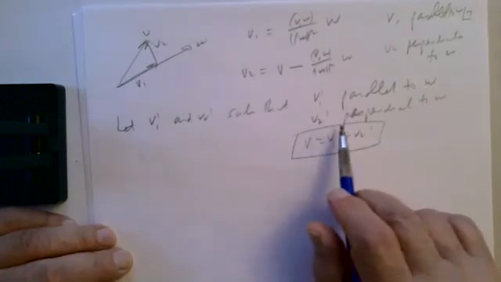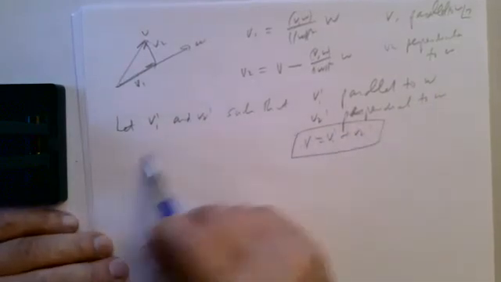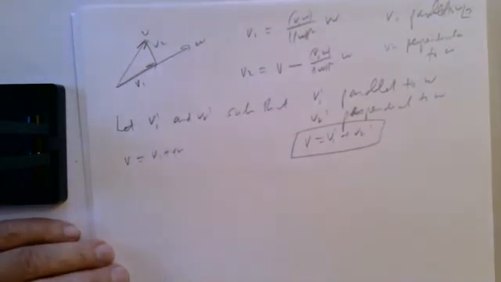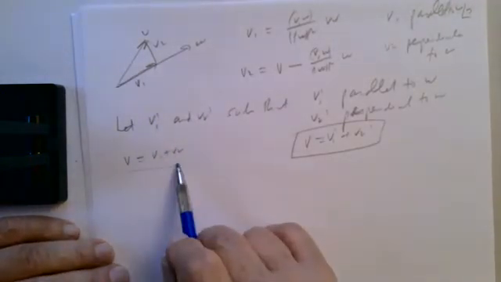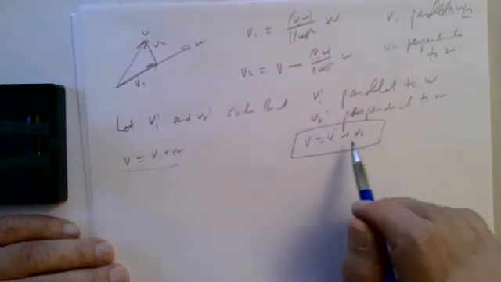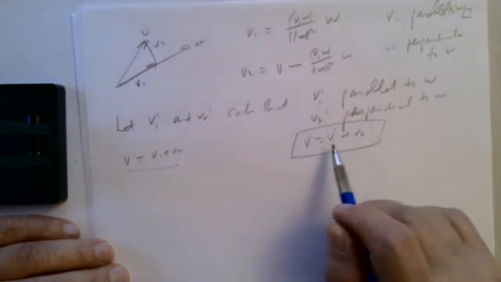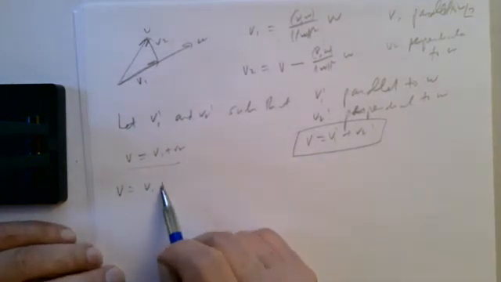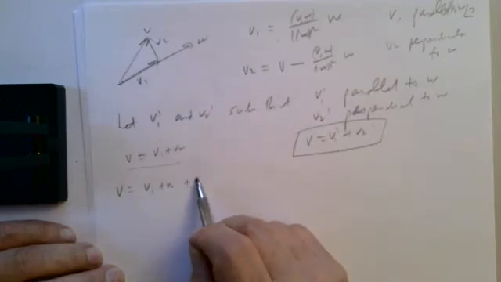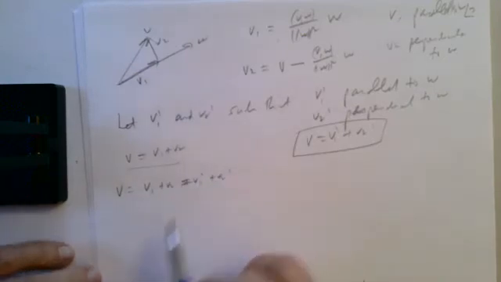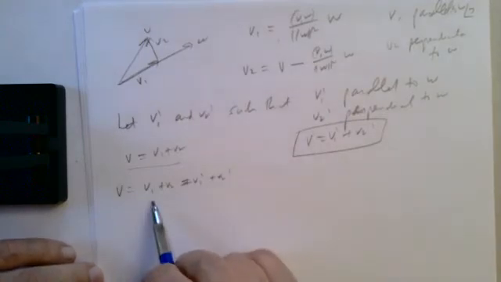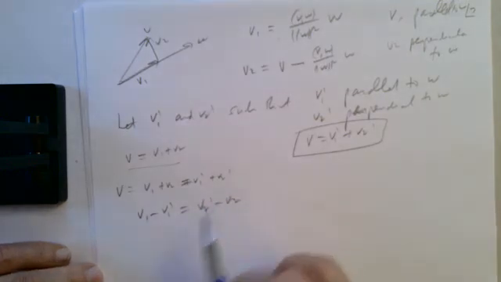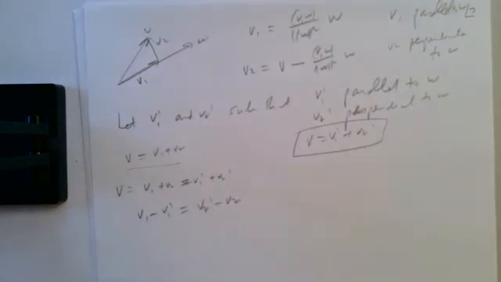We have this decomposition, whatever it is, and we have our original decomposition, V equals V1 plus V2. And here I have another pair of vectors, one parallel and one perpendicular to W. We have V is V1 plus V2 equals V1 prime plus V2 prime. So if I rearrange that, I have V1 minus V1 prime is V2 prime minus V2.